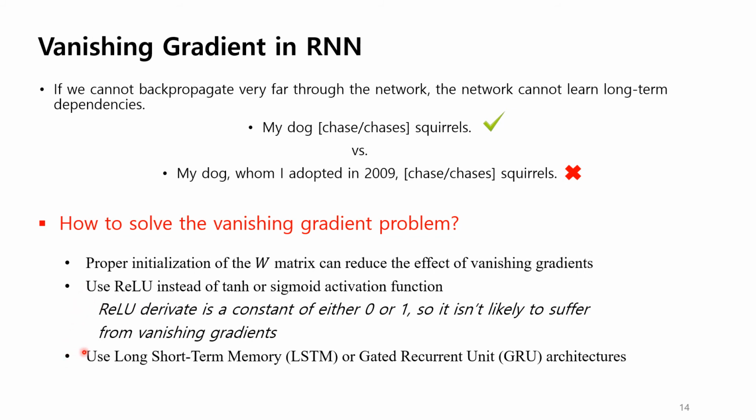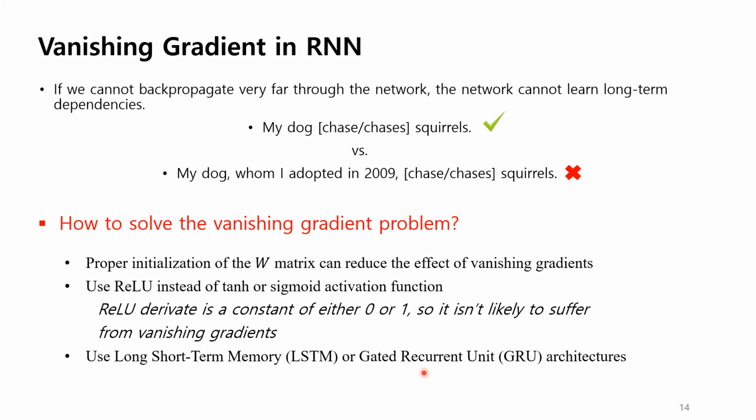So we have a third solution, which is the most popular one. Instead of vanilla RNN, the ordinary RNN, we use what is called LSTM or GRU. LSTM stands for long short-term memory, and GRU means gated recurrent unit. So instead of vanilla RNN, we use LSTM or GRU.